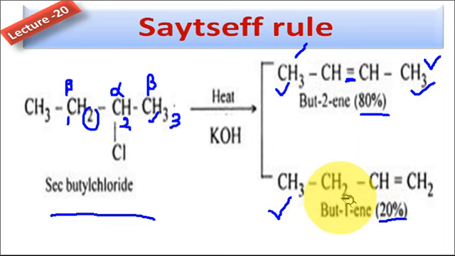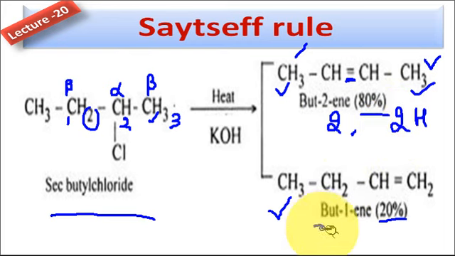So here the substituent group is 1 and the hydrogens at the double bond are 3. So, according to the Saytzeff rule, the product formed in this kind of reaction is that alkene in which the double bond has more alkyl groups. Here, 2 methyl groups are present and 2 hydrogens are present at the double bond.